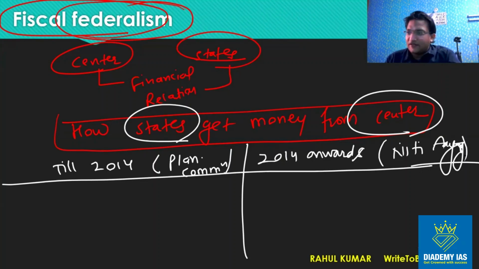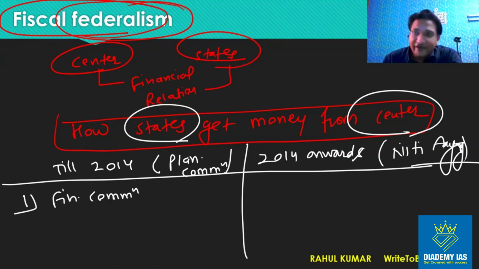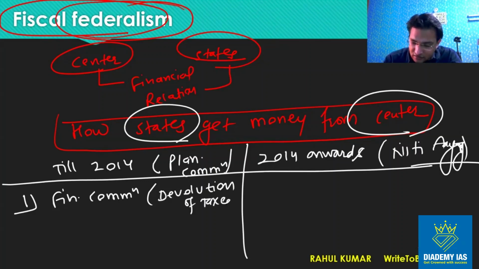So till 2014, the first mechanism was finance commission. This finance commission primarily focused upon the devolution of taxes.